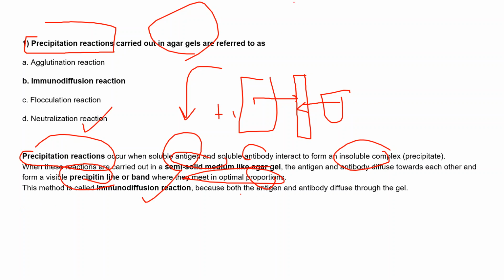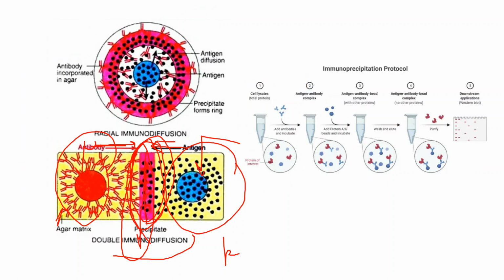We know what diffusion is: when solute particles move from higher concentration to low concentration. Whenever we spray some perfume, it will diffuse and spread to all sides, so that it will be uniformly distributed. So we call it diffusion. Here also the antigen and antibody start moving towards each other, and there is a zone where they are equal, we call it the zone of precipitate or zone of equivalence.